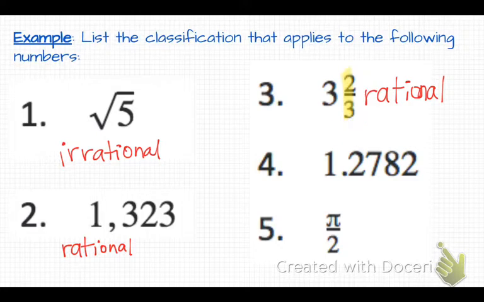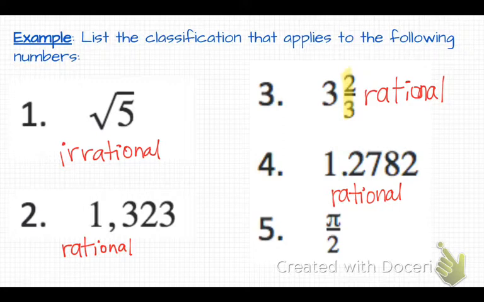Okay, now what about 1.2782? Does it have an ellipsis on the end, a dot, dot, dot? No, so it's rational because it's what kind of decimal? An ending decimal, which is called a terminating decimal. You understand what that looks like now?